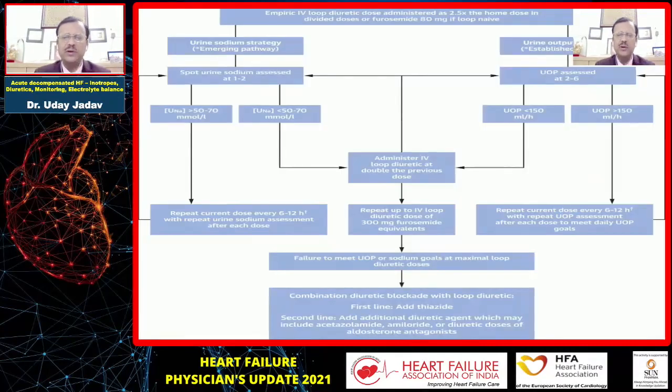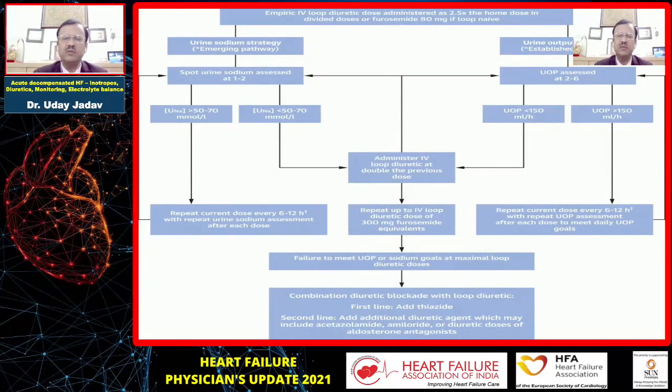Now, how do you monitor in your hospitals and nursing homes and wherever you work? There are two strategies, of which the older strategy is the established pathway. Look at the urine output. If it's more than 150 ml per hour, you know that these patients are doing really well, and you can switch over to a twice a day, maybe intravenous bolus of furosemide or torsemide.